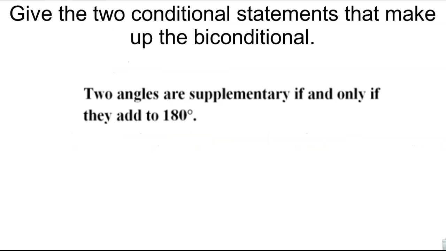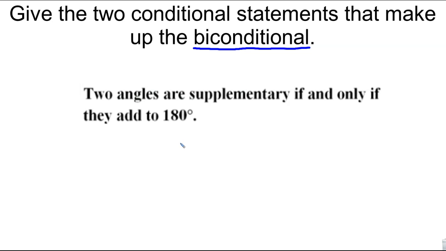Next question says, give the two conditional statements that make up the biconditional. Remember, biconditional is our if and only if statement. And the bi in that means two, two conditionals. So anytime I read a biconditional, there's two if-then statements that biconditional is telling me. So my biconditional says that two angles are supplementary if and only if they add to 180.